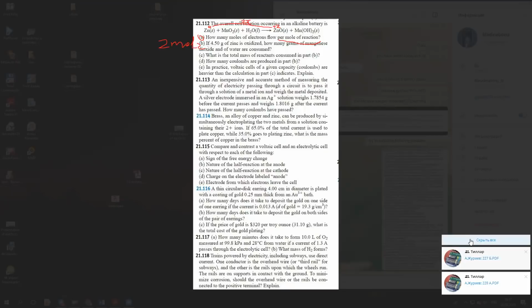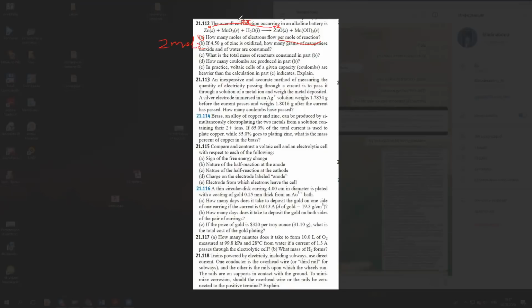Did you get it? Because in the redox reaction, the equivalent electrons is 2. The equivalent electrons is 2. Is that clear?